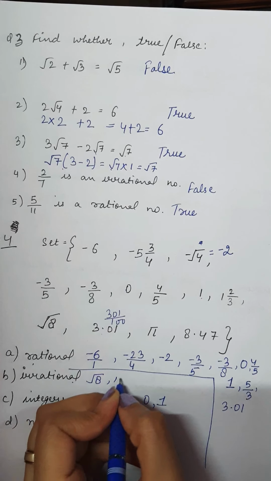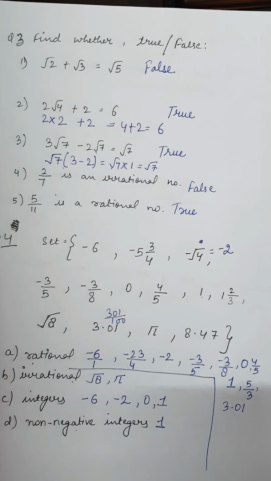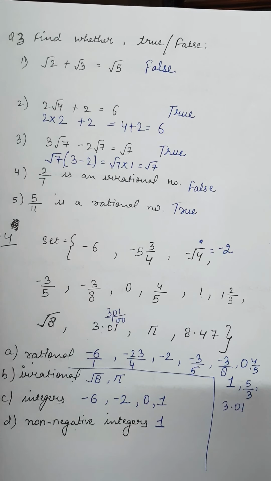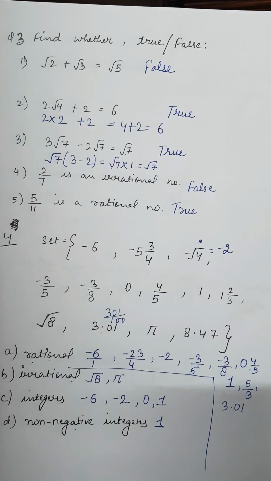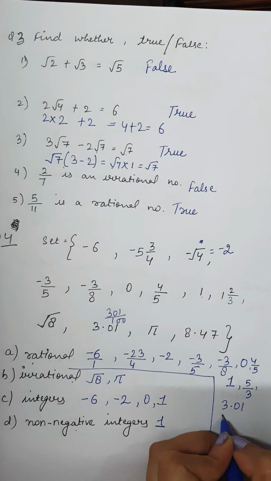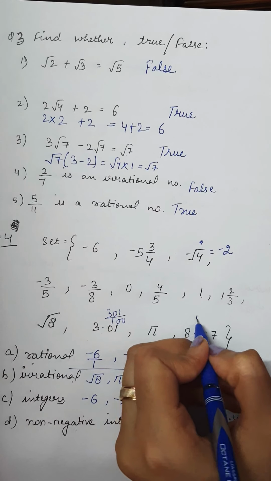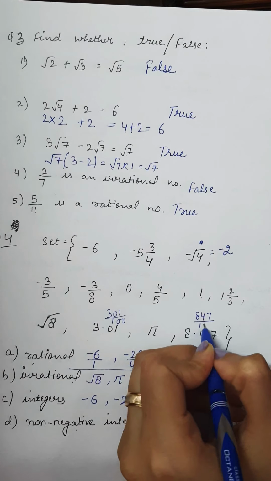Pi is an irrational number because the value of pi, 22 by 7, is not an exact value. The actual value is 3.14 and so many decimal digits are there. So pi is an irrational number. Now the last one, 8.47, will come in the rational category. 8.47 is simply 847 by 100.